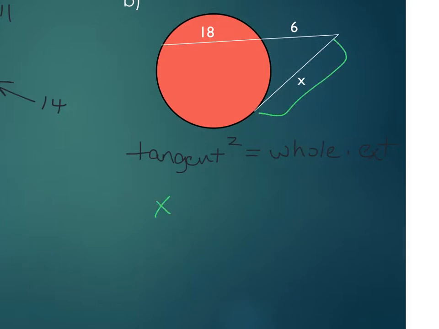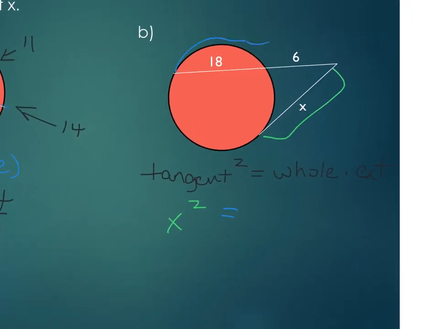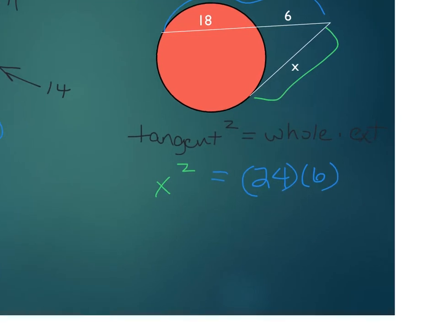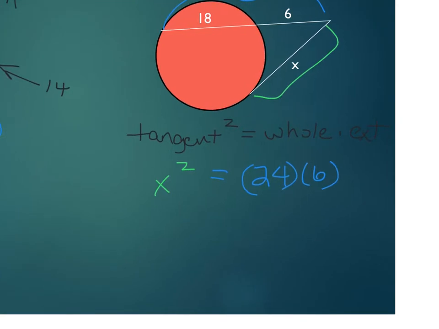So I'm going to do x squared. Then my secant, I need to find the whole length. So I'm going to do 18 plus 6. And I'm going to find out that that's 24. So I'm going to multiply 24 times the external piece. 24 times 6 gives me 144.